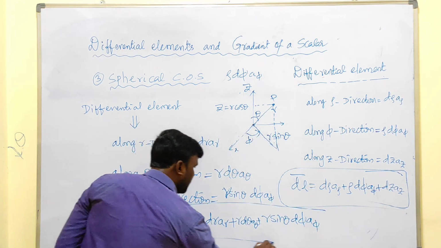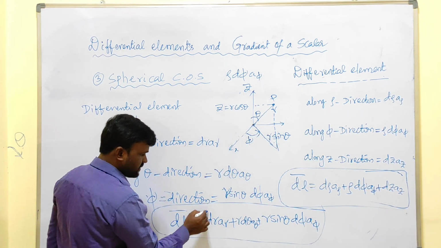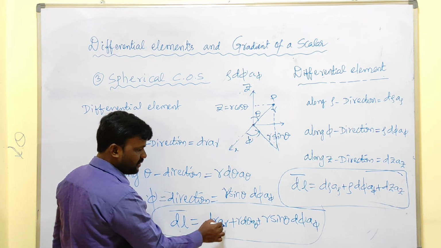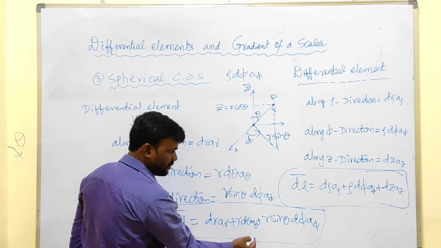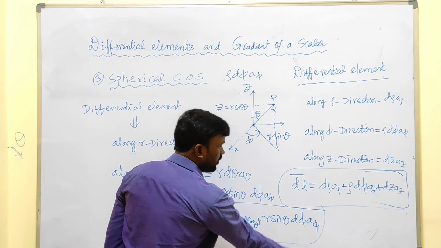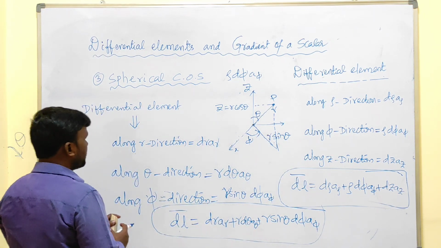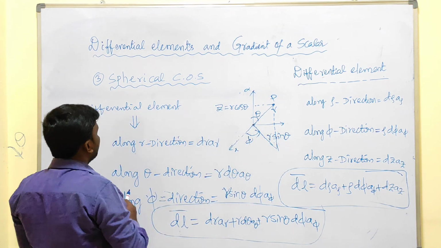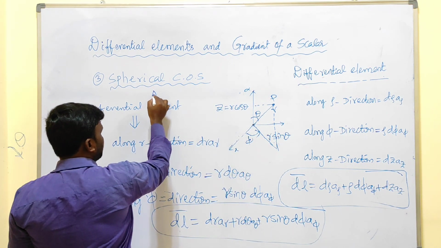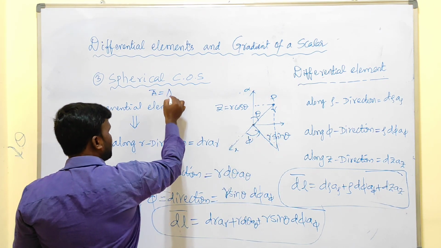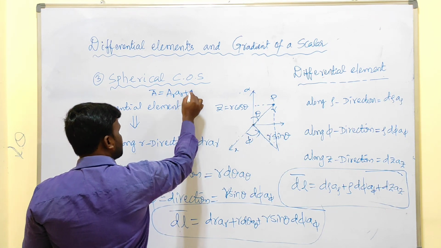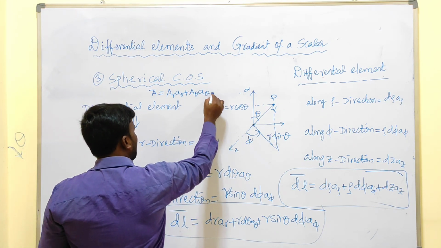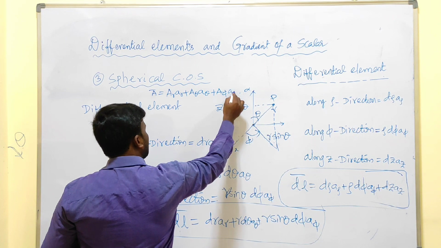And what about the vector representation? Here it is the component along r direction into ar, theta component into a theta, and phi component into a phi. Means in case of the spherical coordinate system, we can represent a vector as A bar equals Ar ar plus A theta a theta plus A phi a phi.